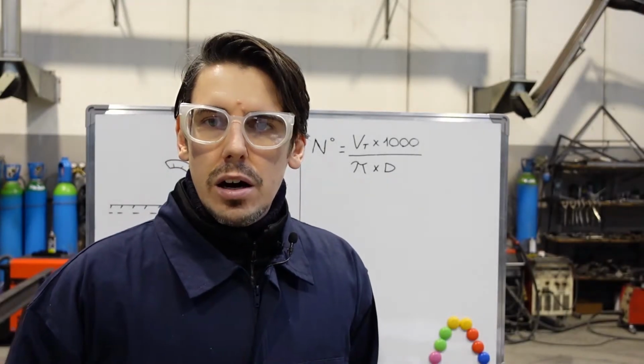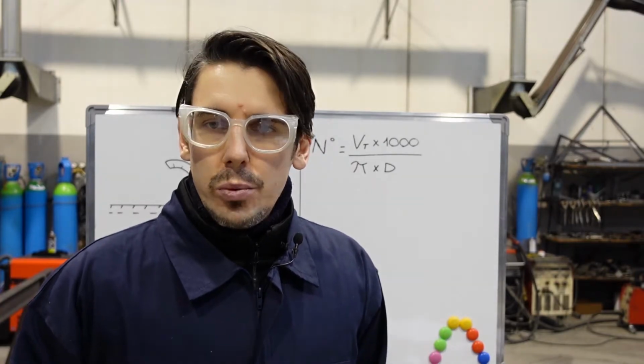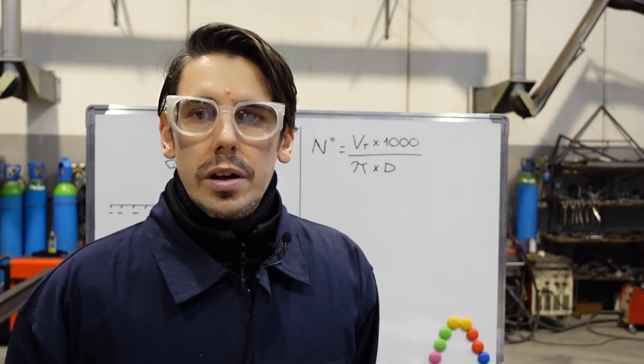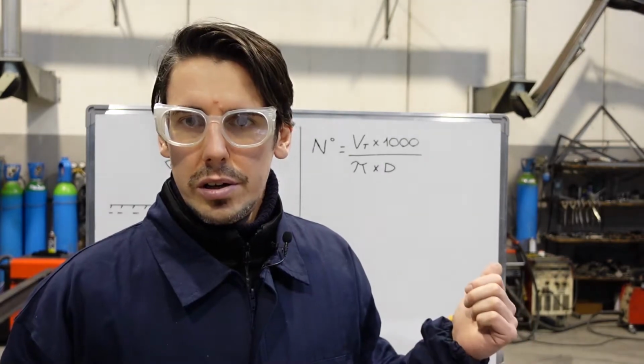Okay, let's see how we can use this cutting speed. We understand that our interest is to approach this theoretical number, but there's no machine where you can enter this cutting speed and have it. Apart from CNC machines, but they too extrapolate this value with the formula that we are going to see.